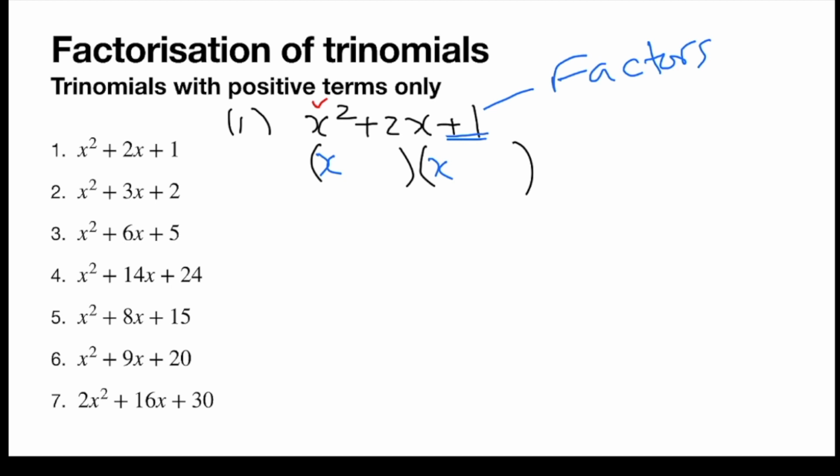Factors are two numbers that we can multiply by each other to get 1, but when we add those numbers, we get a 2. Fortunately, the only factors of 1 are 1 and 1. 1 times 1 will give you 1, and 1 plus 1 will give you 2. So 1 is our factor. So we get a plus 1 in here and a plus 1 in there.